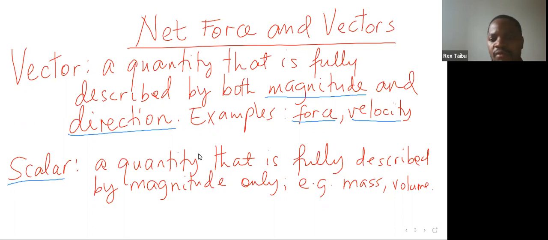Most of you have worked with numbers. Now, the way we add scalars is actually easy, just arithmetic addition. Mass, if you have 20 grams and 20 grams, you just add them like that. Volume, if you have 5 gallons and 4 gallons, you just add 5 gallons to 4 gallons, you get 9 gallons. So it's easy to add the scalars.